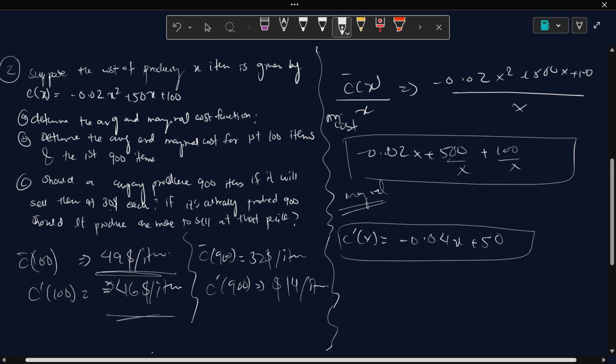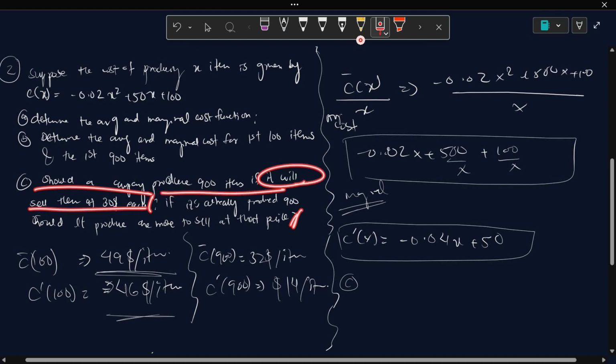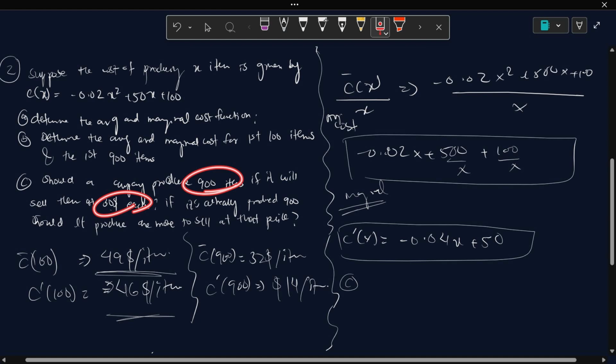Now, this letter C has two sub-questions. The first question is: should a company produce 900 items if it will sell them at $30 each? They are producing 900 items, but selling them at $30 each.